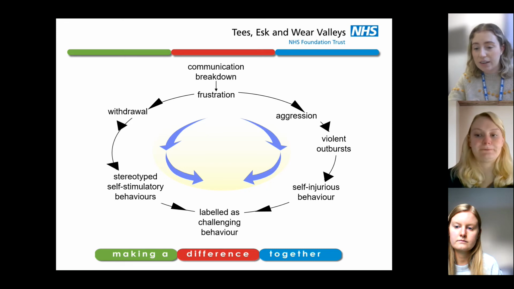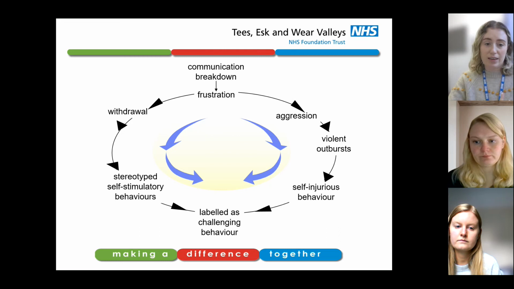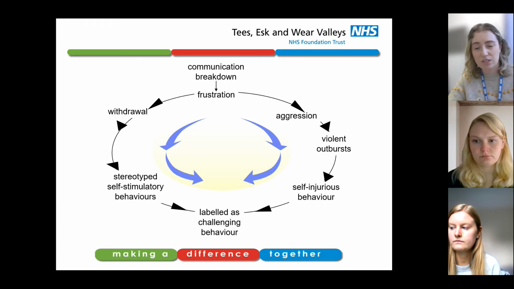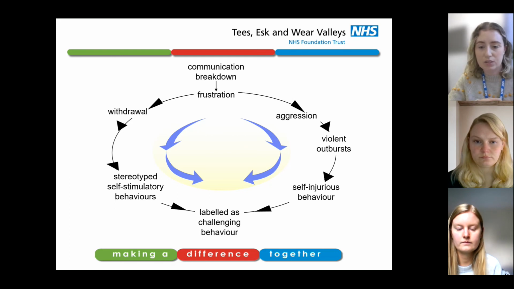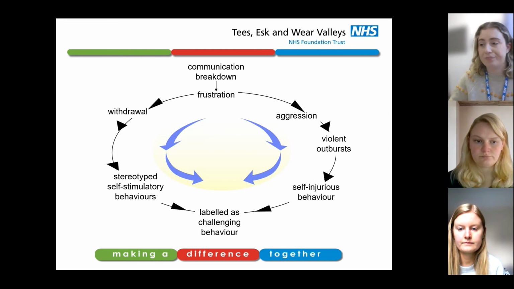So they might have violent outbursts, they might have self-injurious behaviour and self-stimulatory behaviour, and we need to really think, what is causing this person to go through all this extra effort and all this difficulty and distress, and why are they doing this? What's causing this? Not always, but sometimes it's linked to communication breakdowns. So that's something that we just really need to be aware of.